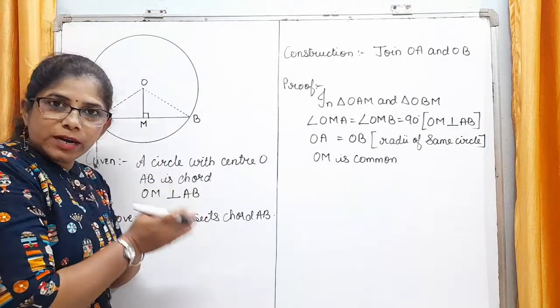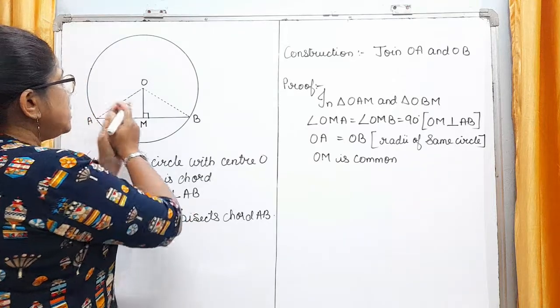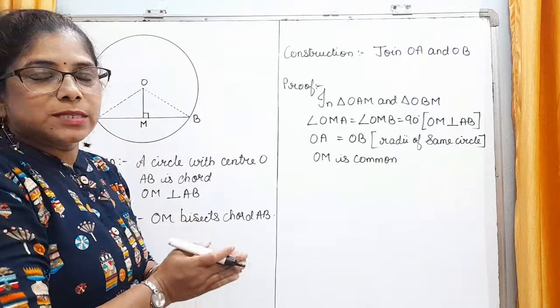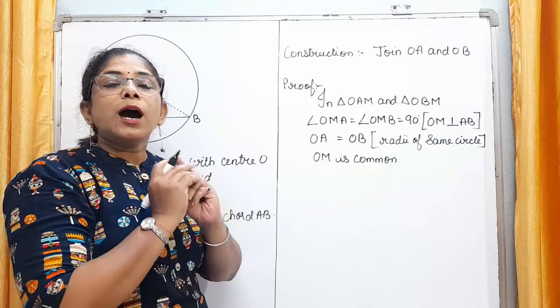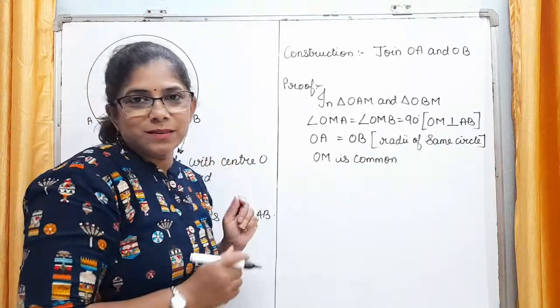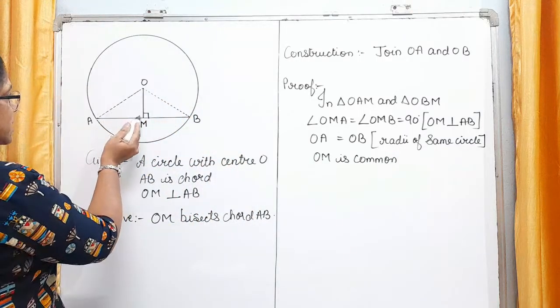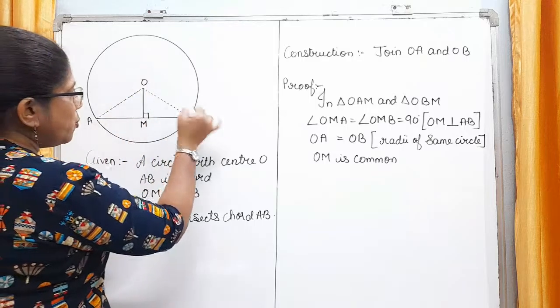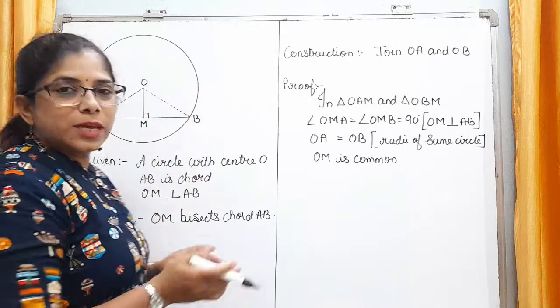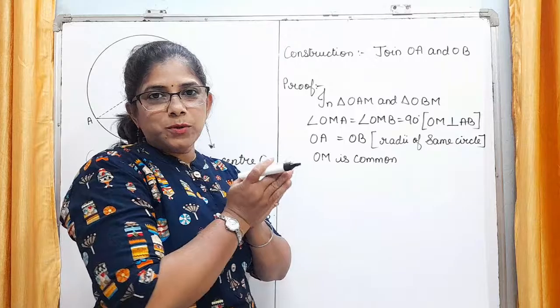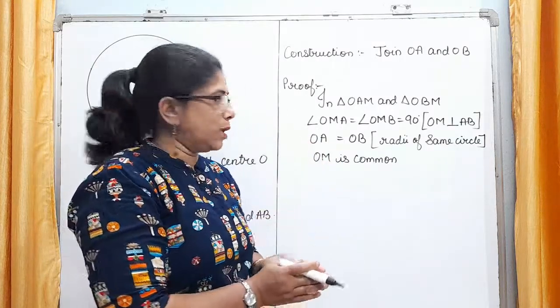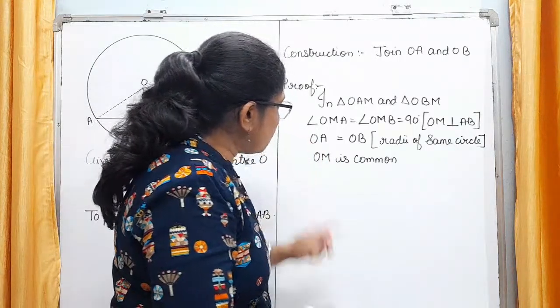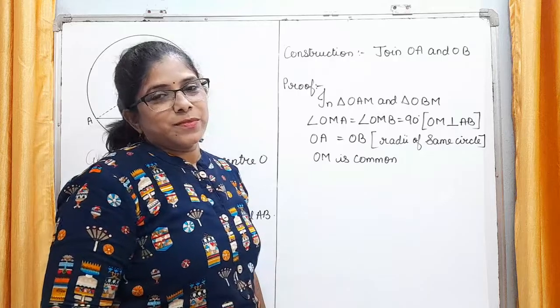Now what all things we have here in these two triangles? We have one right angle, OA and OB, which are two equal sides. These are nothing but the hypotenuse of these two right angled triangles. See, OA is the side opposite to 90 degrees. OB is also side opposite to 90 degrees. So the hypotenuse of both the triangles are equal, and we also have one equal side.